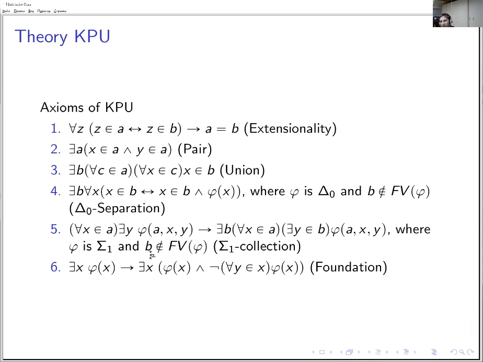What's going on is that we have this version of extensionality that works only for sets. If two urelements have the same members, it's not necessarily the case that they are equal. But other than that, it's more or less the same theory.